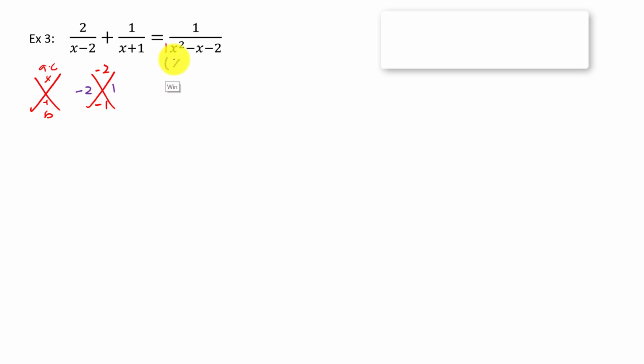This factors to x minus 2 times x plus 1. So, looking at all the denominators here, we have x minus 2, x plus 1, and x minus 2 times x plus 1. So the LCD will be x minus 2 times x plus 1. And we will then rewrite this equation.